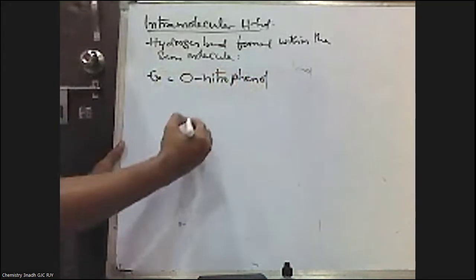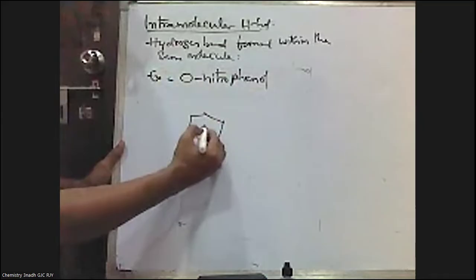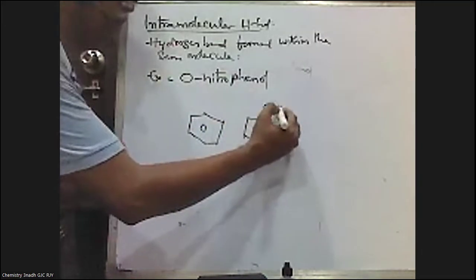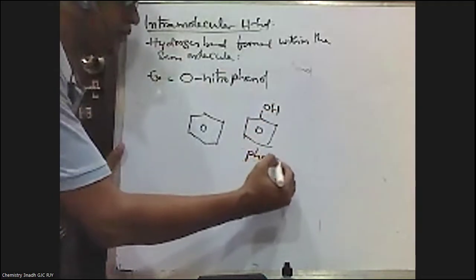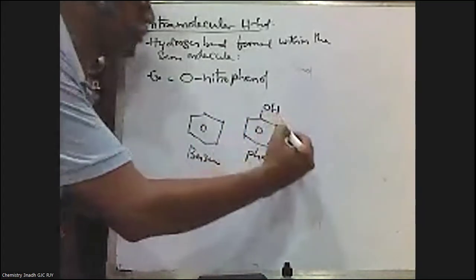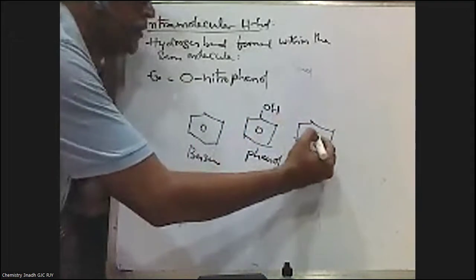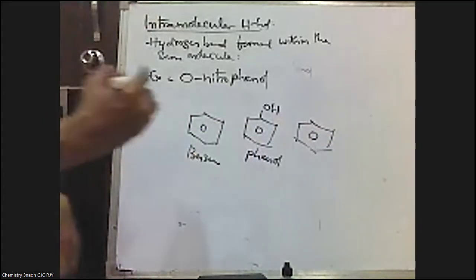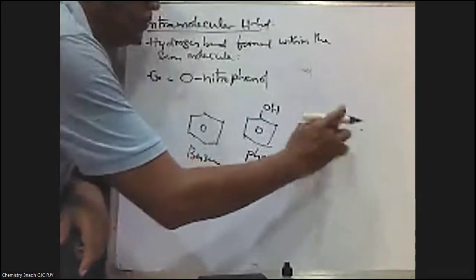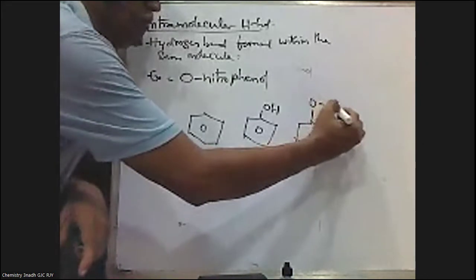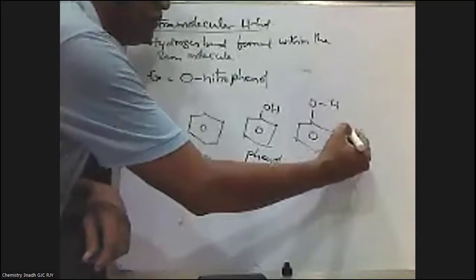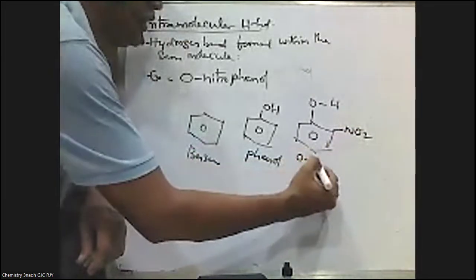Orthonitrophenol. We know that this is the benzene structure. When benzene has an OH group, it is called phenol. So this is called benzene. Right? So when an NO2 group is also present, this is called orthonitrophenol.